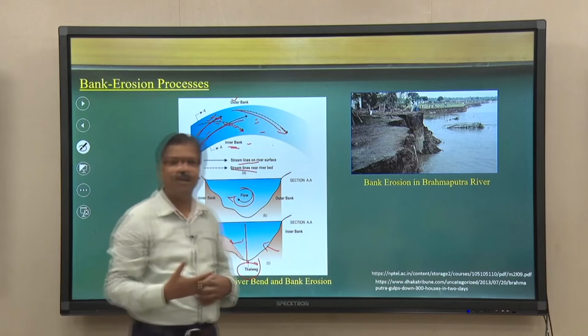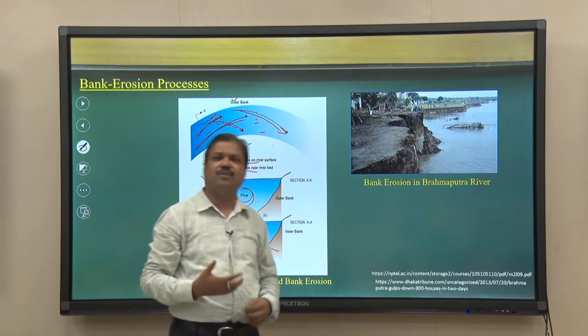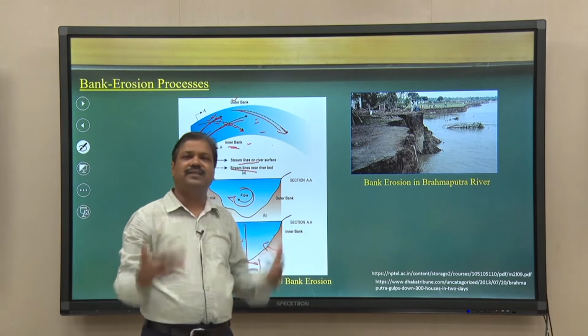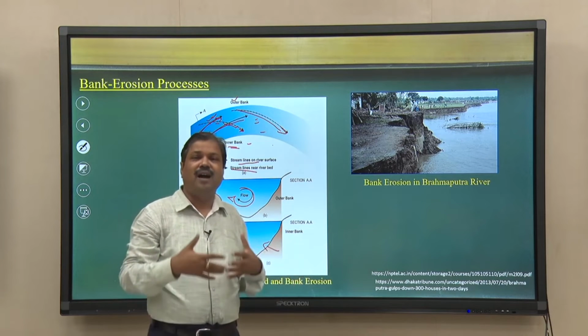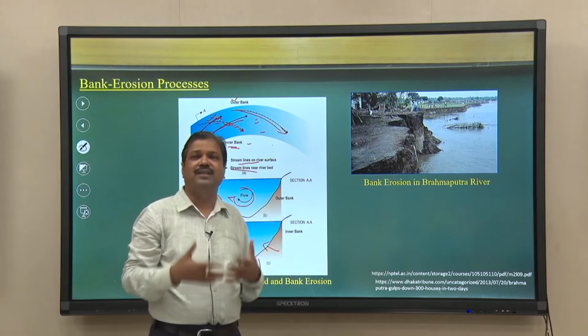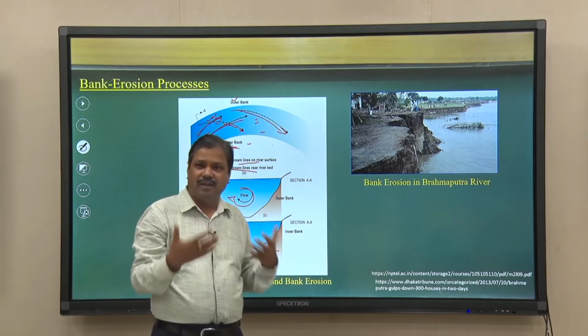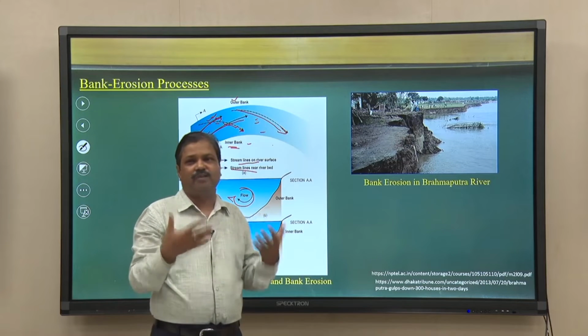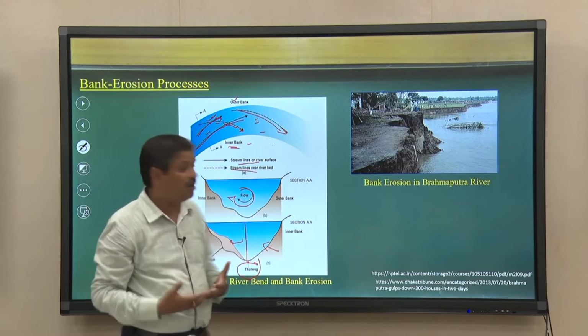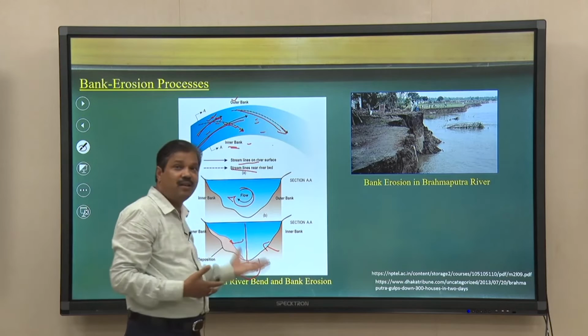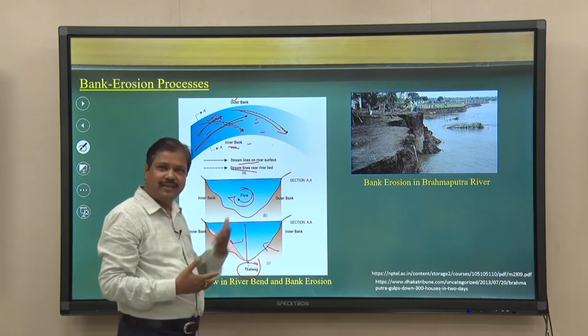So, in the case of a river bend, it matters for us to know the strength of the secondary current and the geometry of the river bend in terms of radius of curvature, width of the flow, and depth of the flow. That matters to us, because that is what initiates the bank erosion process.